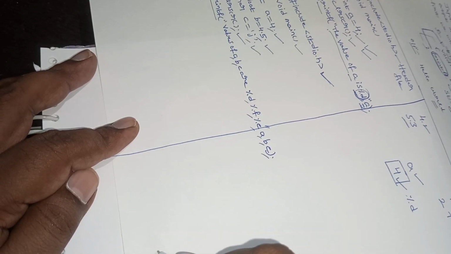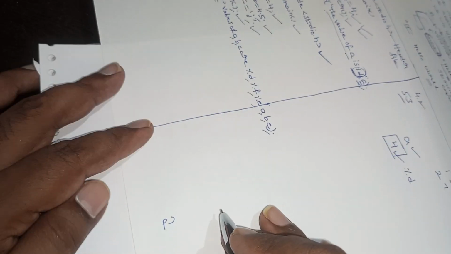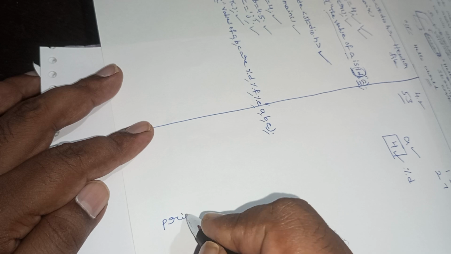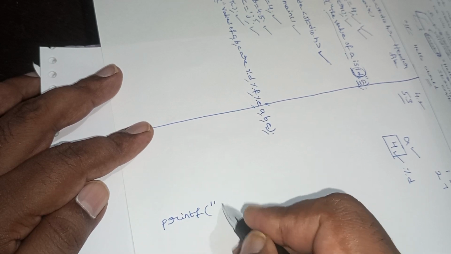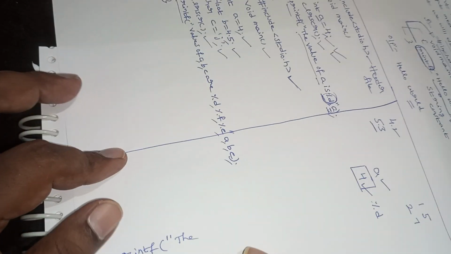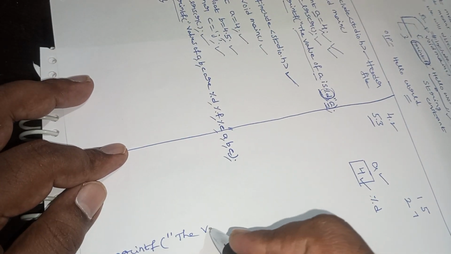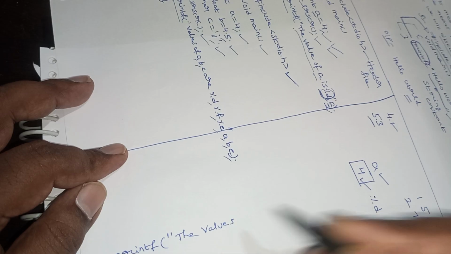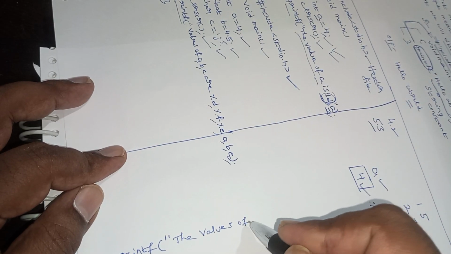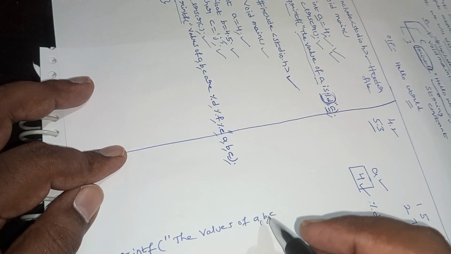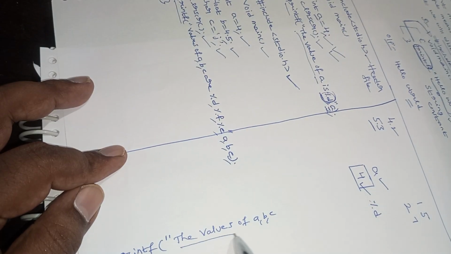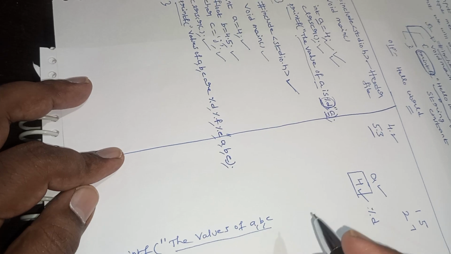So right here like this, printf, the values of a comma b comma c. Okay, see, up to this you write your own message, but what is mandatory?